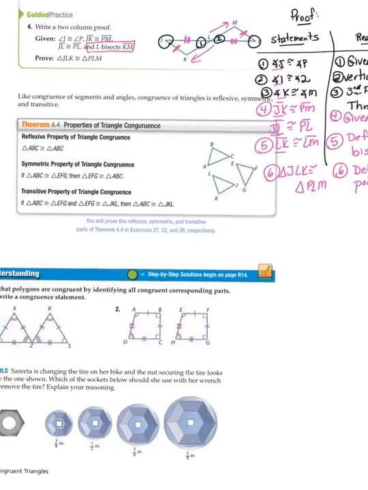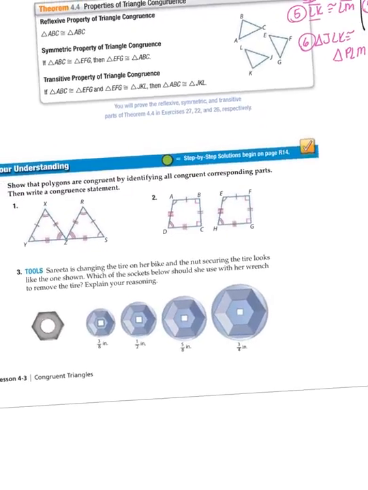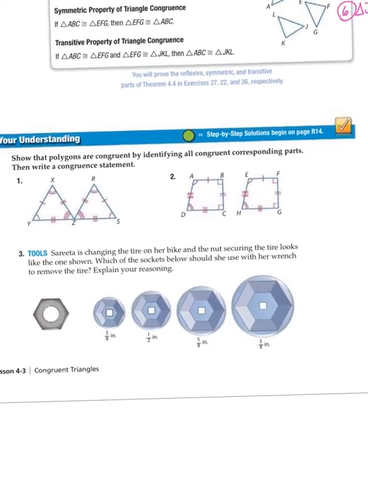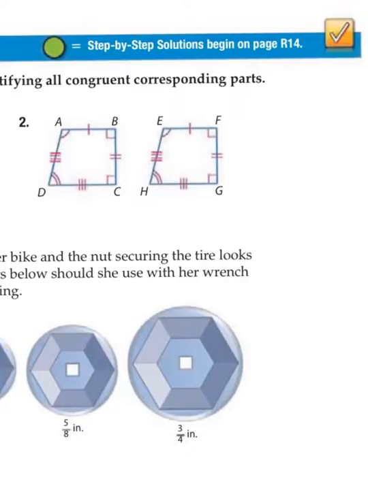Let's look at some of the homework problems. The first one you had in your homework, show that polygons are congruent by identifying all congruent corresponding parts, then write the congruent statement. Okay, for number 2, this is the first one on your homework. What they're asking us to do is state that angle A is congruent.